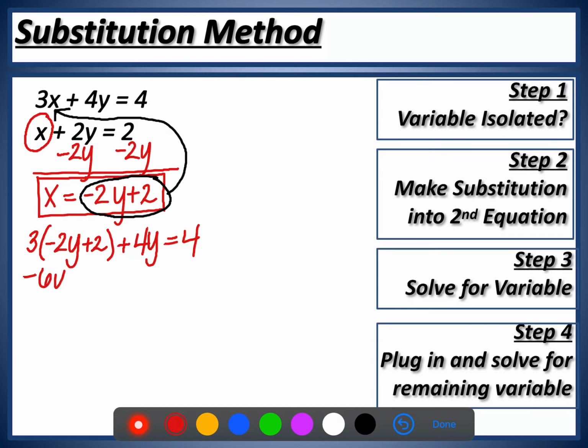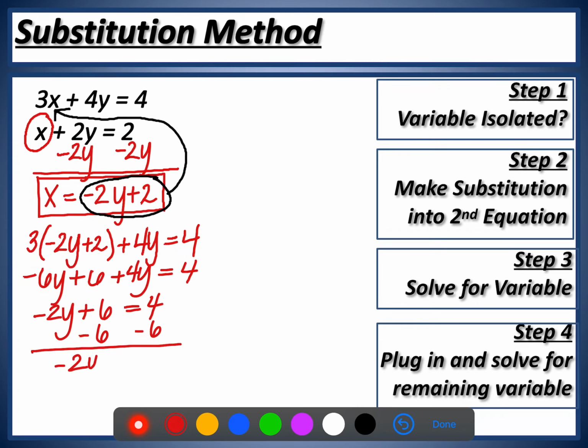And now we're just going to solve like regular. Combine like terms and solve. So we have that y equals 1, but remember, you need both variables. So you plug back into either equation.